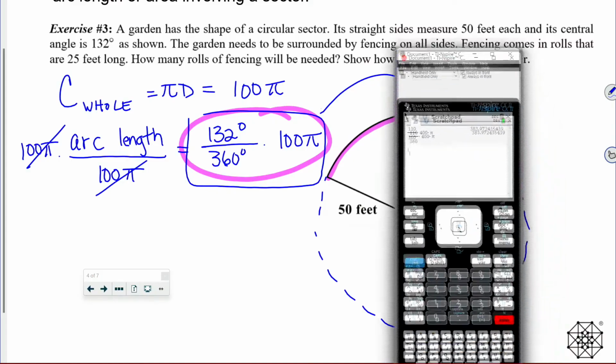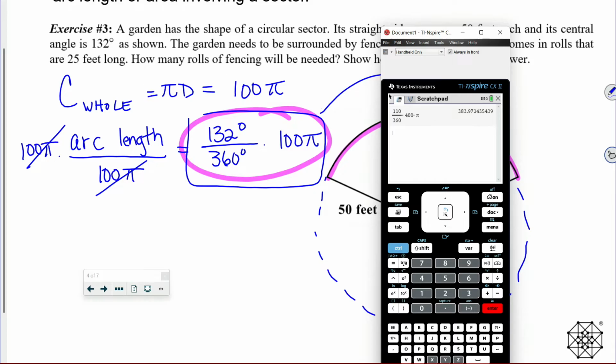I wouldn't mind having that in terms of a decimal. So I'm going to do it all at once. I'm going to have my 132 divided by 360 times 100 pi, right? That's the arc length, plus 50, plus another 50.